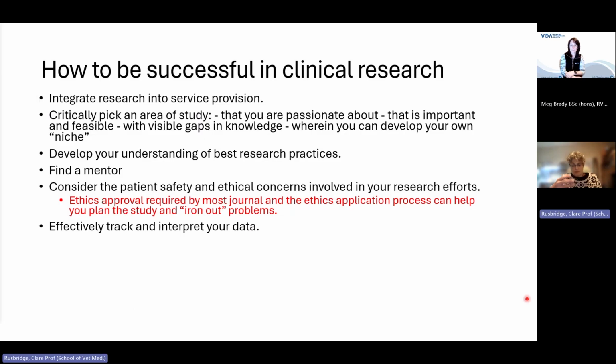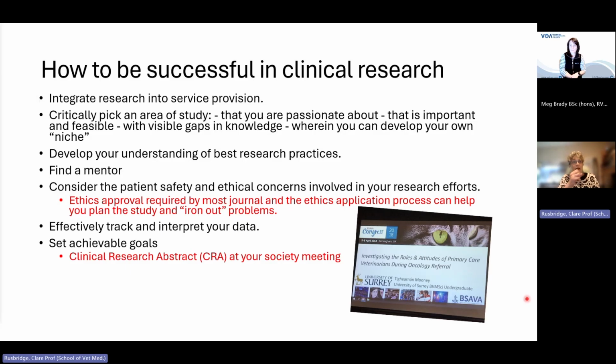You need to track your data. That's what I mean by asking the same questions and interpreting it. And what I say is, when you have an idea, set an achievable goal. And I always advise people to decide to do a clinical research abstract at your society meeting. Now, I've put up the BSAVA there because it's an organization which, and Congress, is very close to my heart, and I am still devastated that it's gone.